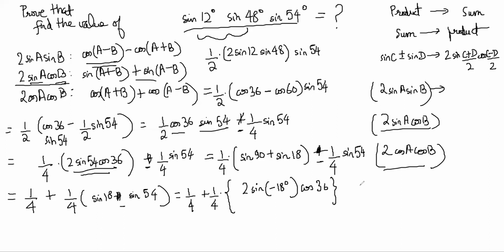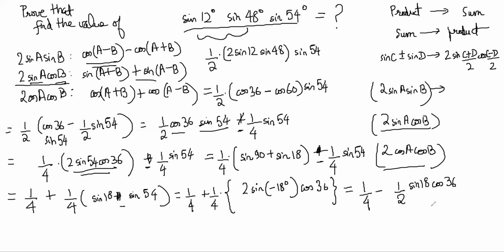So this becomes 1 by 4 minus 1 by 2 sin 18 degrees and cos 36 degrees, right?